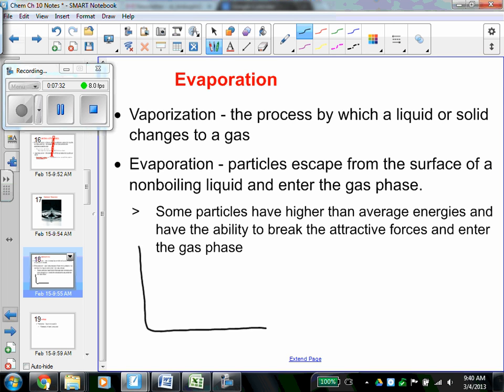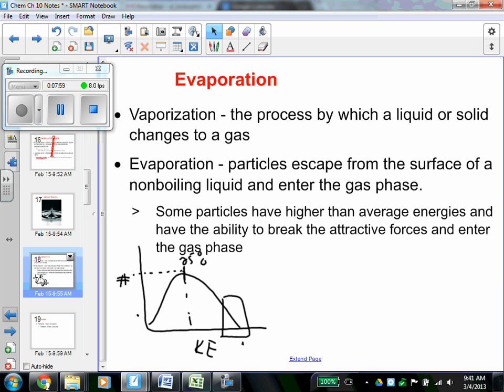If I have a number of particles, so here's the number of particles, and here's their kinetic energy. Most of these particles are like this. Okay, so let's say this is about 25 degrees Celsius. So most of the particles are at 25 degrees Celsius. But you'll notice that a small fraction of these particles, somewhere down here, again, there's not many of them, the number of particles is very small, but they have an extremely high kinetic energy.